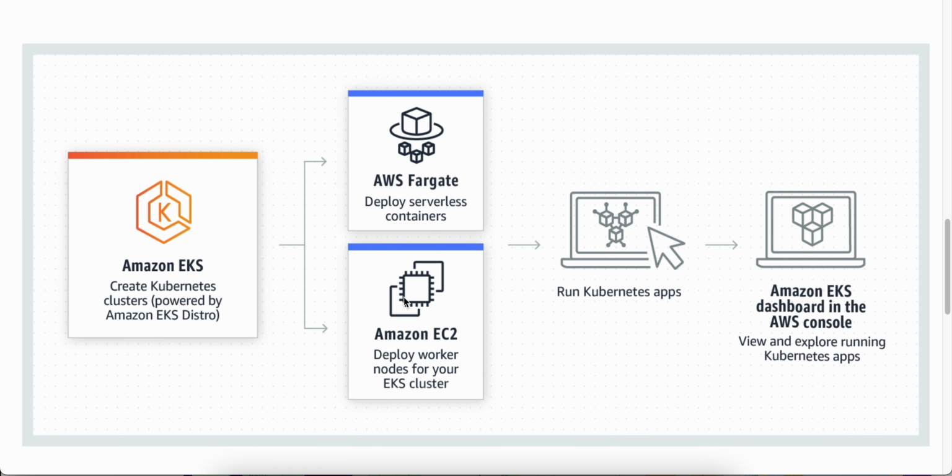You either go with EC2 and deploy worker nodes for your EKS cluster, or you go with AWS Fargate, where you deploy serverless containers. Then you run your Kubernetes applications, and those will be deployed on your EKS dashboard, and in your AWS console you can explore the running Kubernetes applications. So this is how it works.